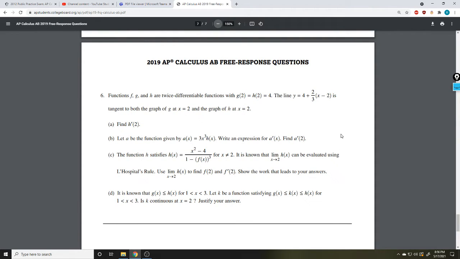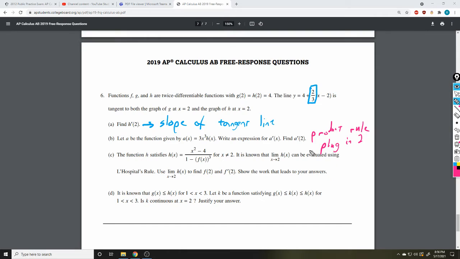Function h satisfies this equation. The limit as x approaches 2 can be evaluated using L'Hopital's rule. All right, that tells me 2 things are happening. One involves f, one involves f prime.